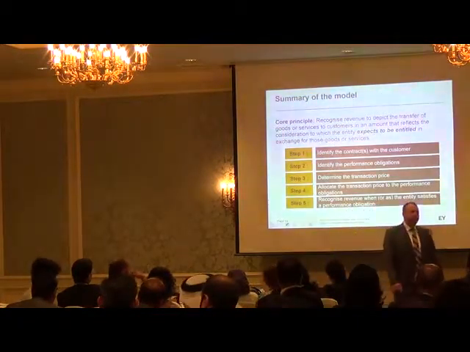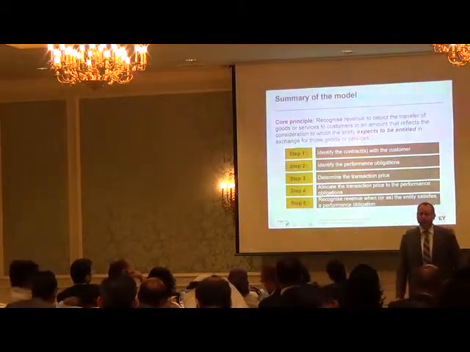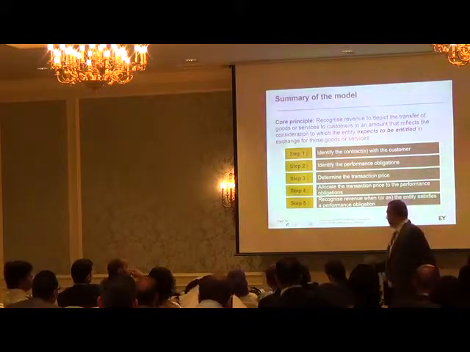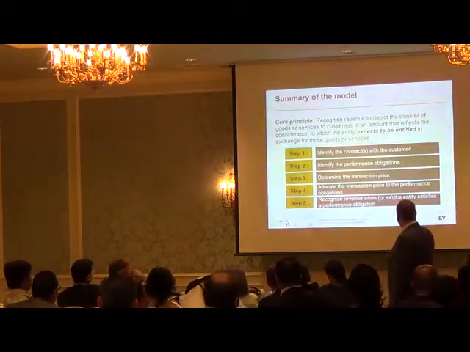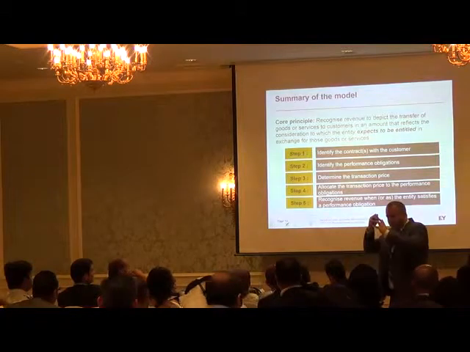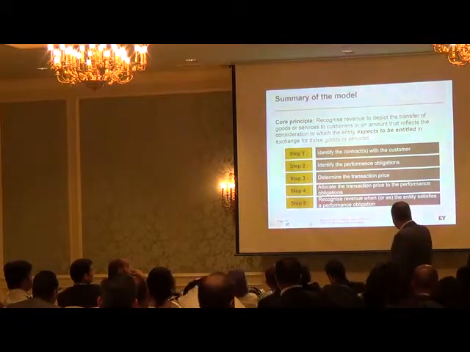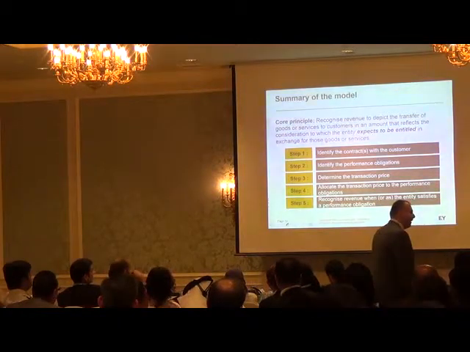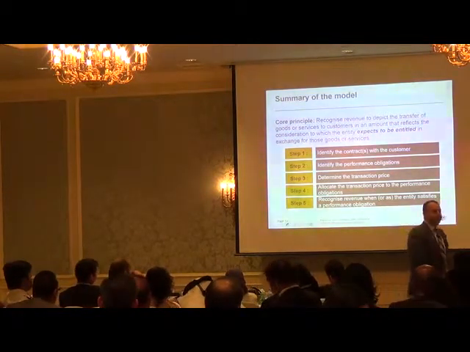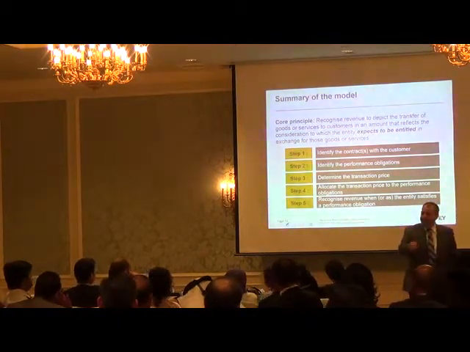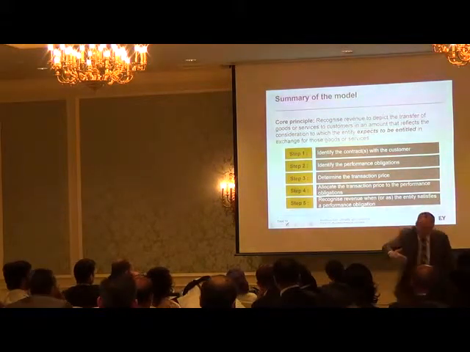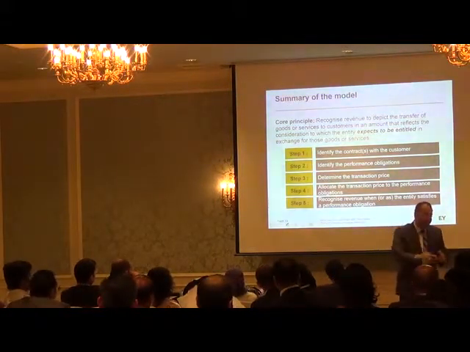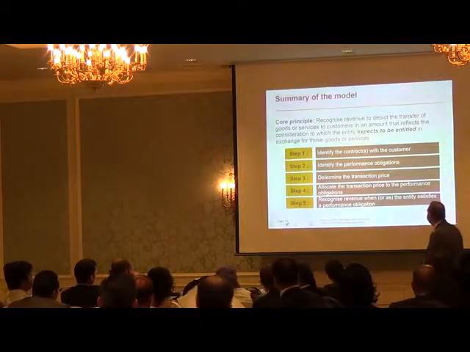Right? Now this is actually going to be one of the trickiest steps, that they merged the two together. Because the first four are pretty obvious. The fifth one is the part where you decide if I can recognize revenue as I'm working, or I have to wait until a certain point. Now let's go step by step.